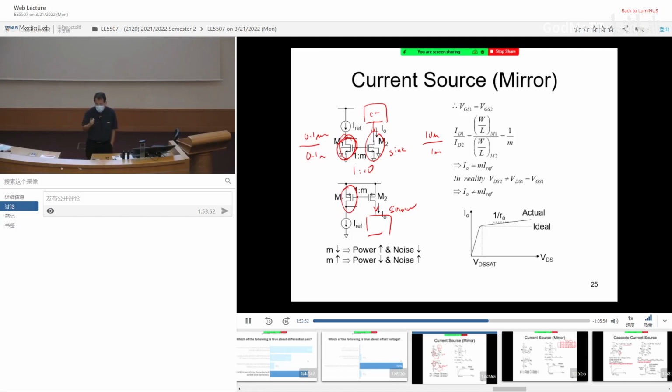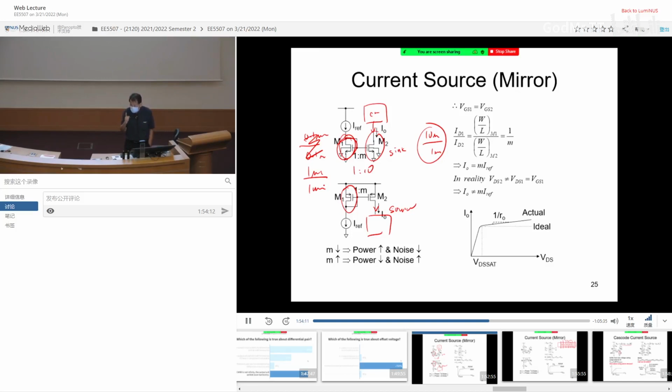When we talk about current mirror, the reason the current mirror works is because the devices are identical. If you are talking about 10 micron by 1 micron, then the other one, at the very least, you should use 1 micron by 1 micron.